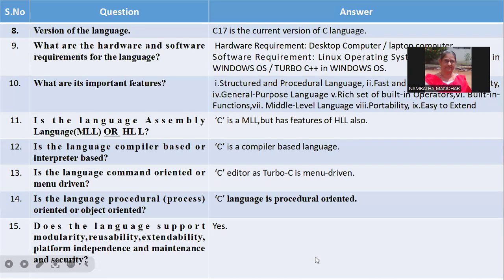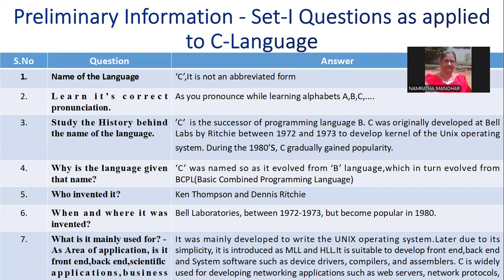applications. Simply, you want to process the marks of some students, then you can use this C programming language. Or you want to use it in your business applications, you want to compute the price of a certain number of products and display how much discount you want, you can use this C programming language. So it is suitable to develop front-end, back-end, and system software.